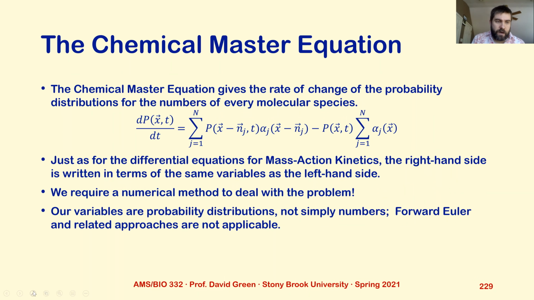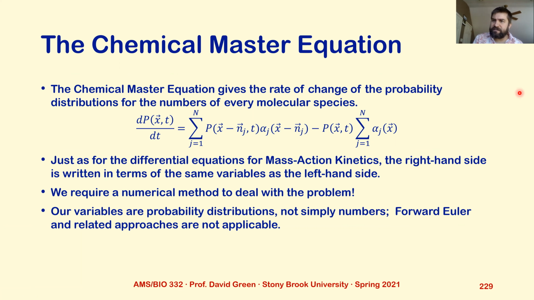This is the chemical master equation that we discussed in the last video. It's a differential equation for the rate of change of the probability distributions.